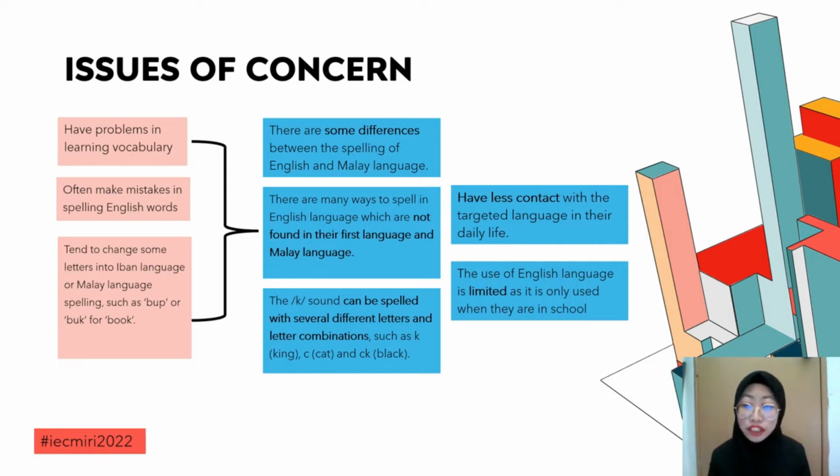The use of English language is limited as it is only used when they are in school. Therefore, teachers should take the initiative in creating a fun and relaxing atmosphere where the pupils are able to practice the targeted language confidently and in a meaningful way.